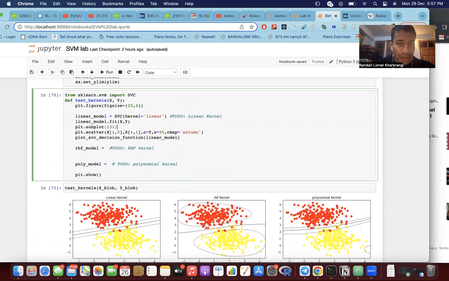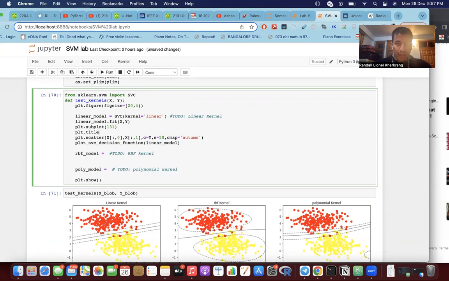Let's name this with plt.title, linear model, and let's do the same for these others.